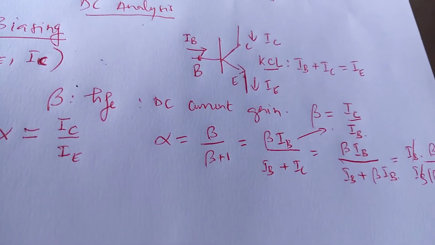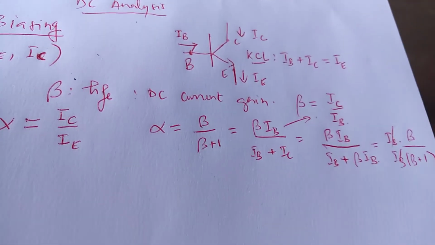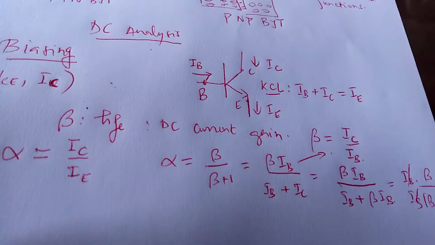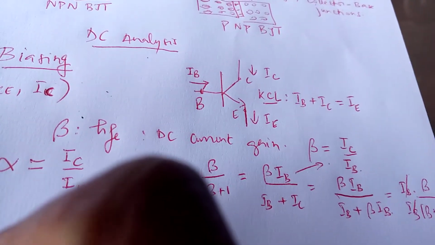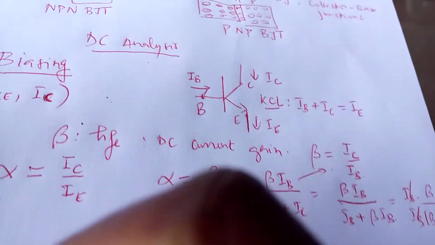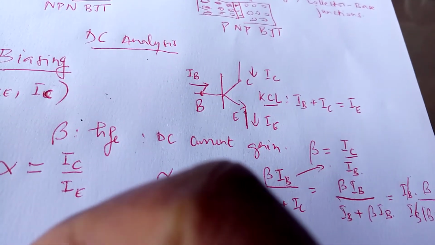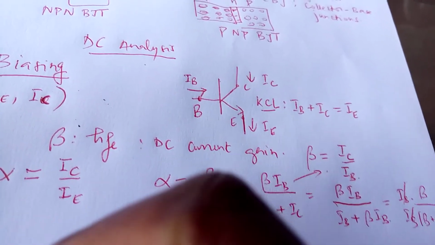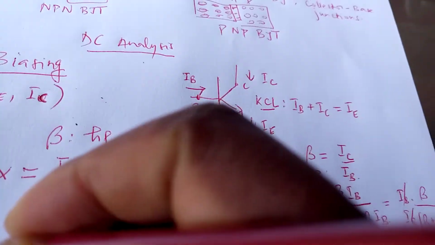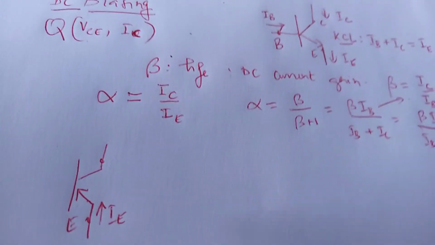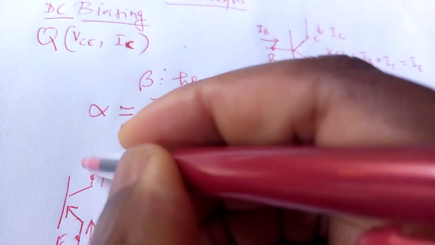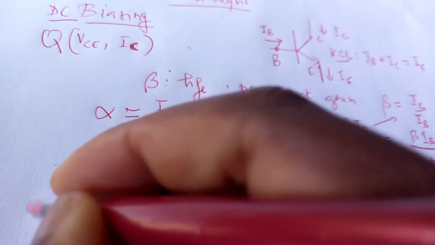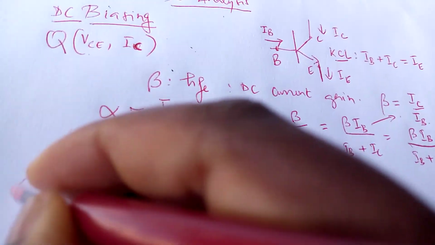The same principles are applicable to a PNP transistor, with the only difference that the current directions change. The emitter current is flowing that way, the collector current is flowing that way, and the base current is flowing out.